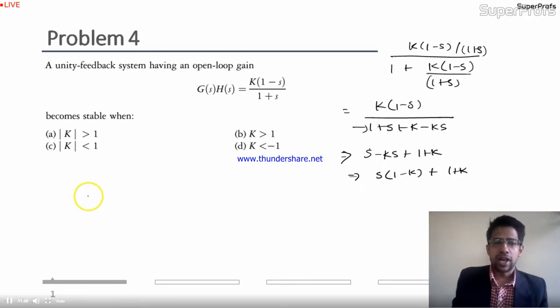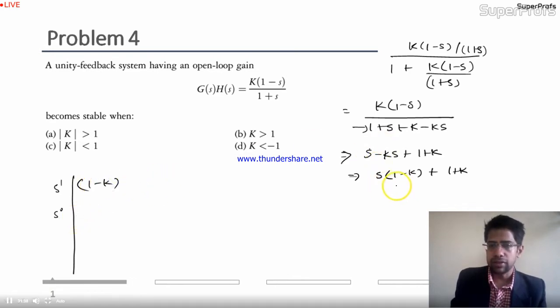Now if you are to build the Routh array here, you are going to put s raised to 1 and s raised to 0. So the values you have here are: coefficient of s is 1 minus K, and the next alternate value is nothing, and the coefficient of s raised to 0, that is the constant term, is 1 plus K. Now for this system to be stable, you need all the signs of these two terms to be same.